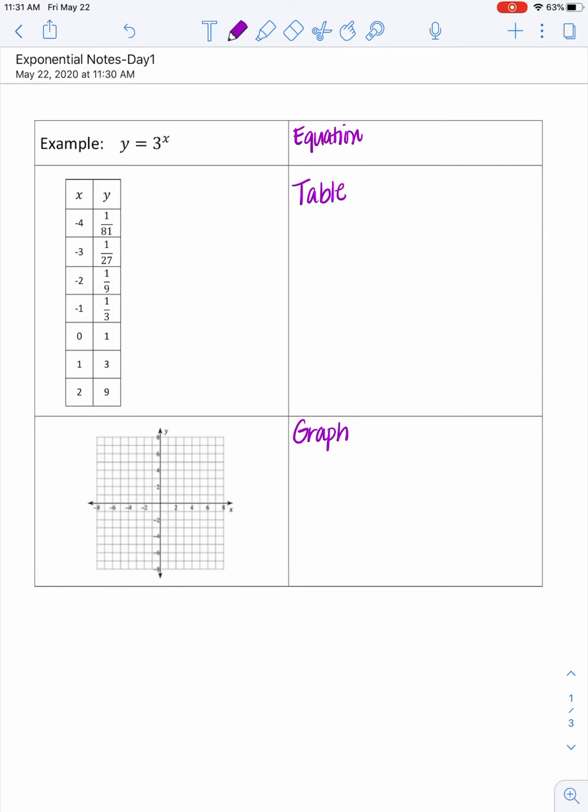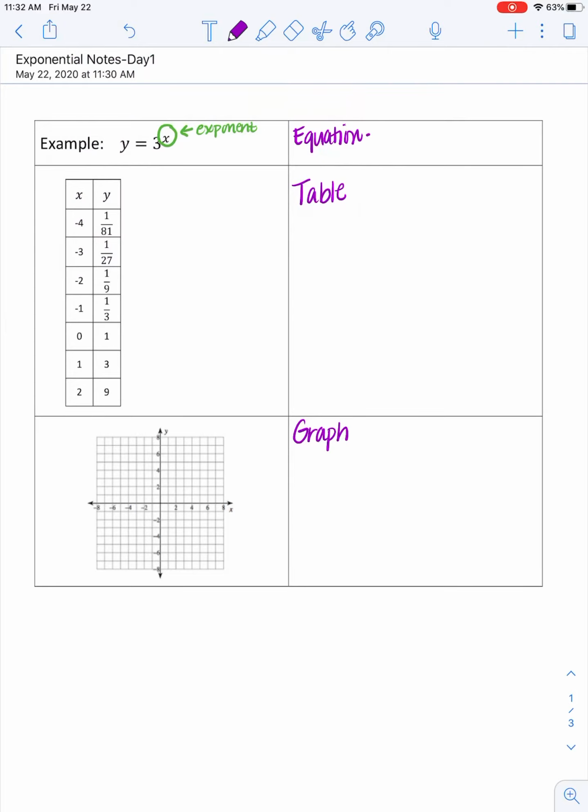So when we talk about exponential functions and we're talking about equations, the equations of exponential functions have the variable x as an exponent. That's what makes it exponential.